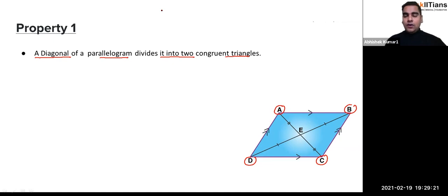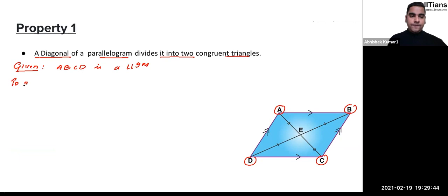We are already aware of the different rules that we have in congruency. So let me write what we are given. Here we are given that ABCD is a parallelogram. And what we have to show?